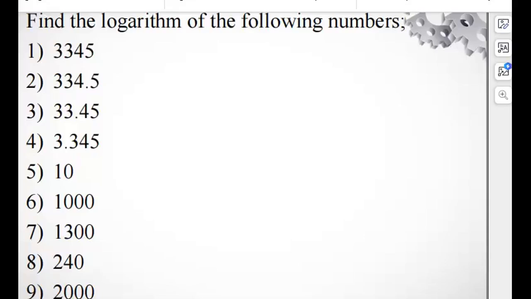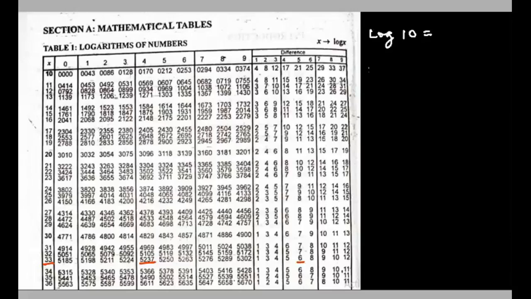So let's look at question 5. Question 5 says find the logarithm of 10. So how do we find the log of 10? First of all, as you can see, 10 here is just a whole number, having just 1 and 0. Now, how many digits does 10 have?